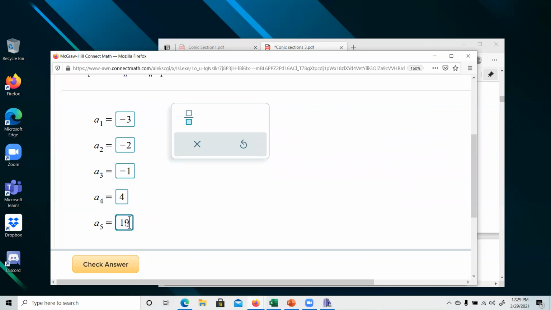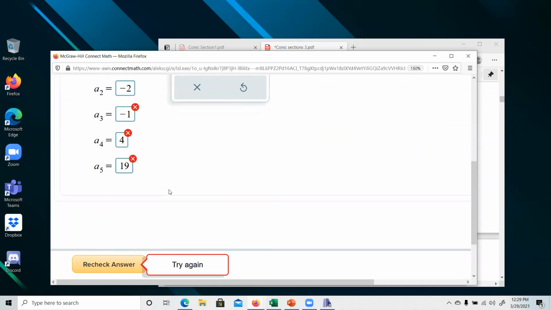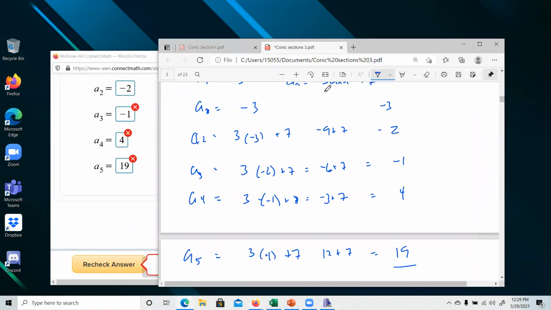I hope this doesn't make a liar out of me. No, I didn't like that at all. Let's see. Did I get the thing right? I got 3 times n minus 1 plus 7. Let's see. A3. So a2 is correct.